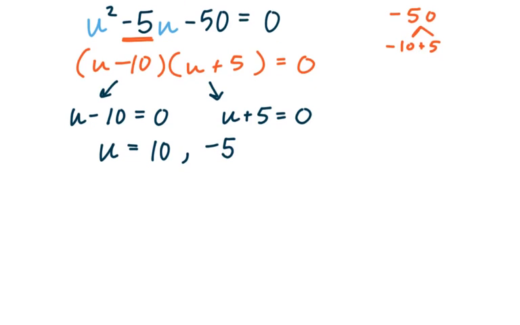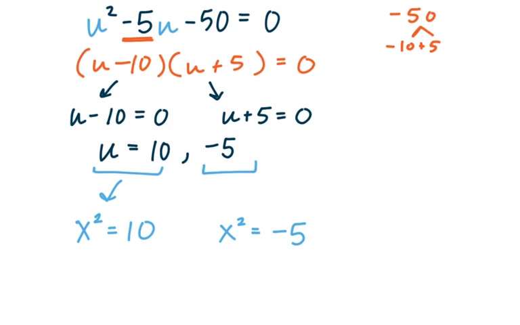So this means that x squared equals 10, since u equals 10, as well as u equals negative 5, or x squared equals negative 5. So now I have two basic quadratic equations, and I can solve each of these using the square root principle.